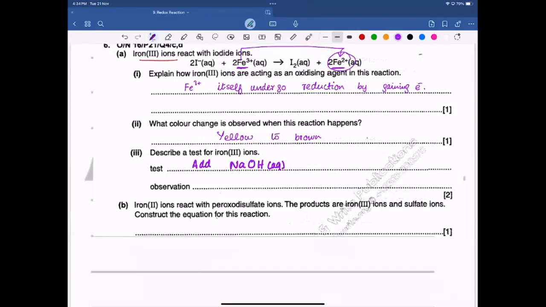And when we add sodium hydroxide, if there are iron 3 ions, you are going to observe red brown precipitates.